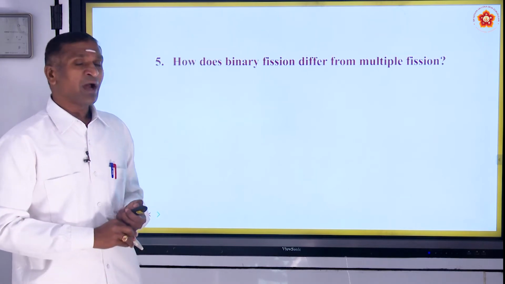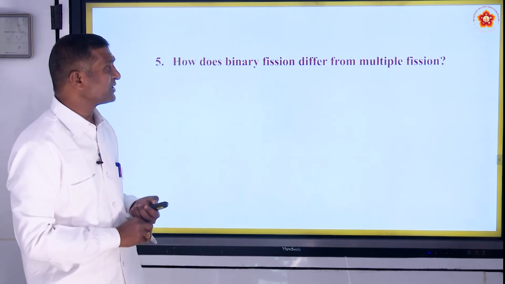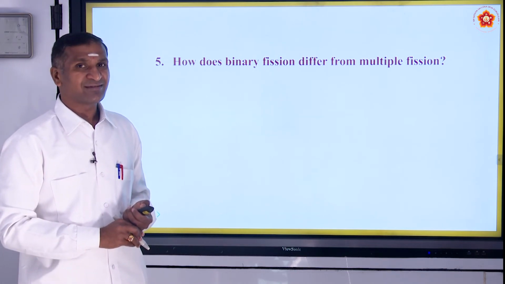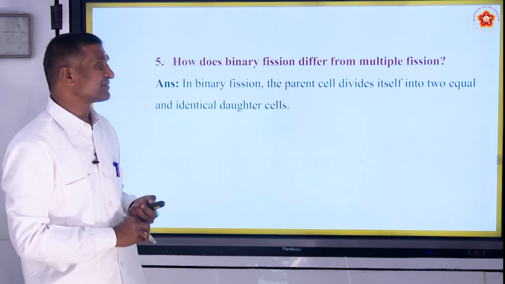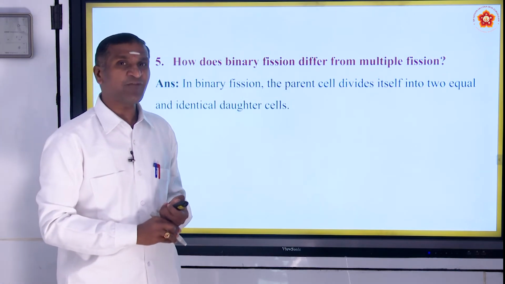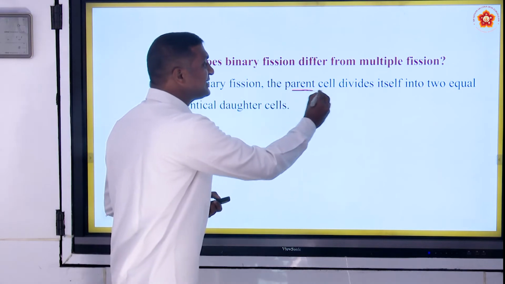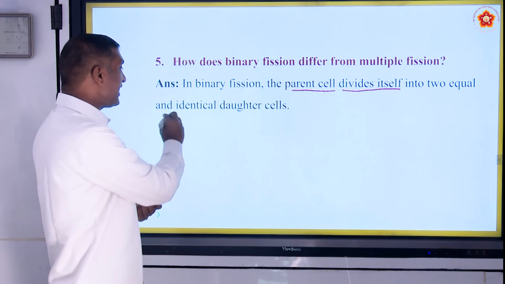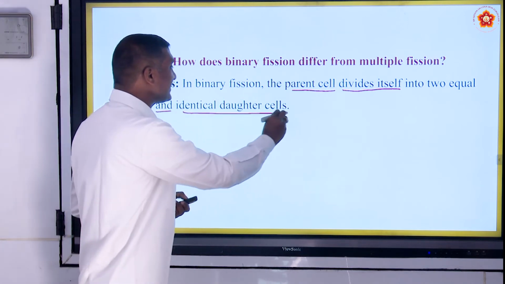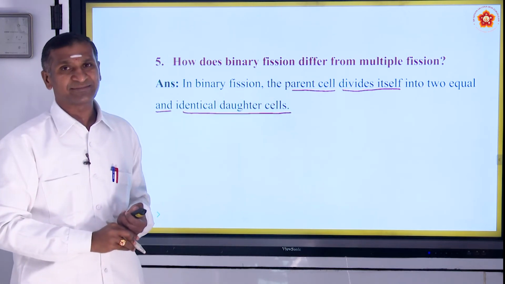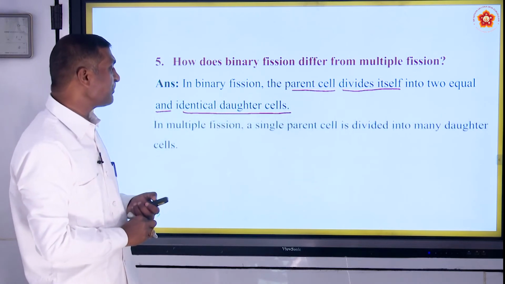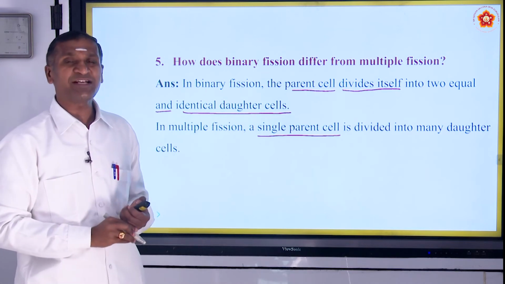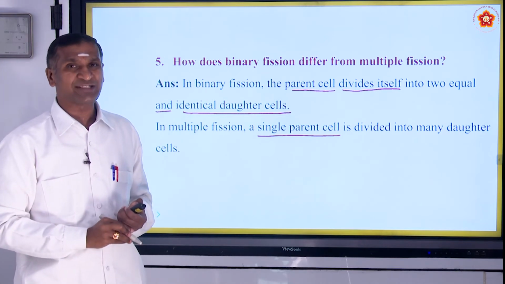Fifth question, how does binary fission differ from multiple fission? The terms itself tell us the difference. In binary fission, the parent cell divides itself into two equal and identical daughter cells. Whereas in multiple fission, a single parent cell is divided into many daughter cells.